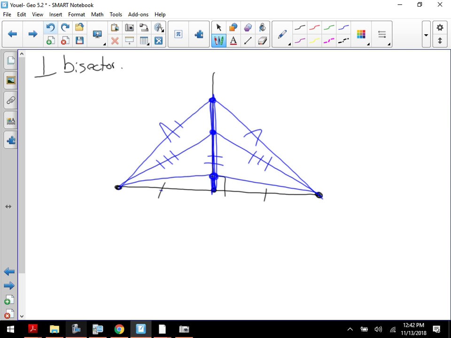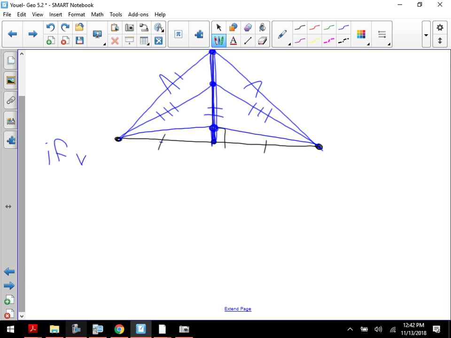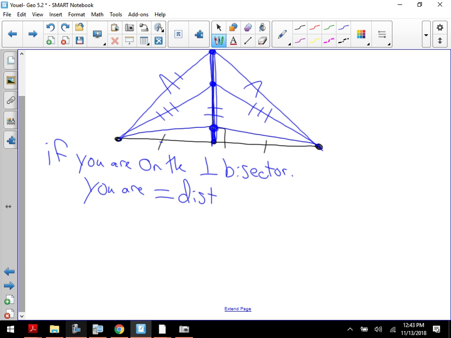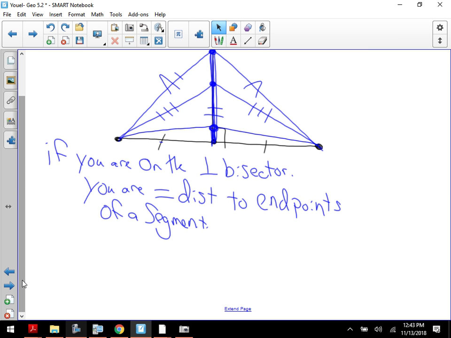So basically what I'm getting at here is that if you are on the perpendicular bisector, you are equidistant, I just write equal, to the endpoints of a segment. It's kind of long-winded for just basically CPCTC after you have side angle side.